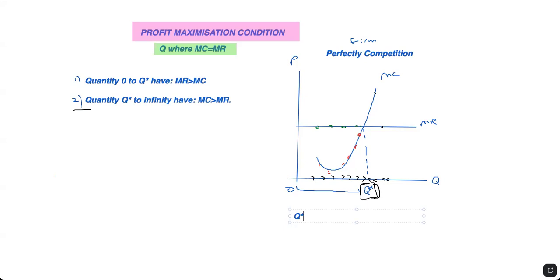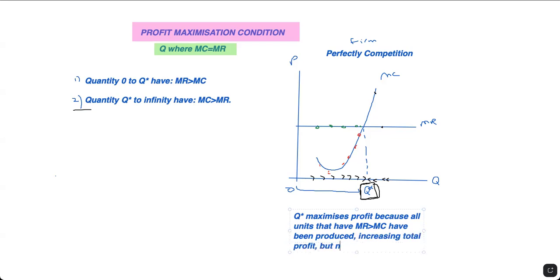So Q star maximizes profit because all units that have marginal revenue greater than marginal cost have been produced, increasing total profit, but none that have marginal cost greater than marginal revenue, which would decrease profit.